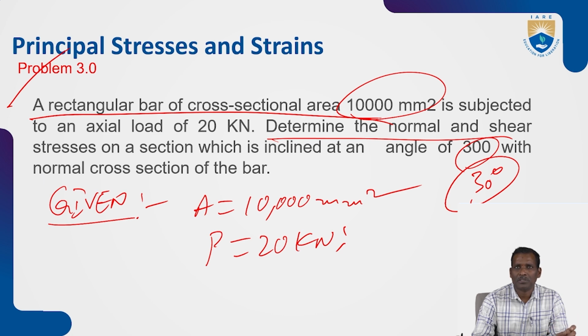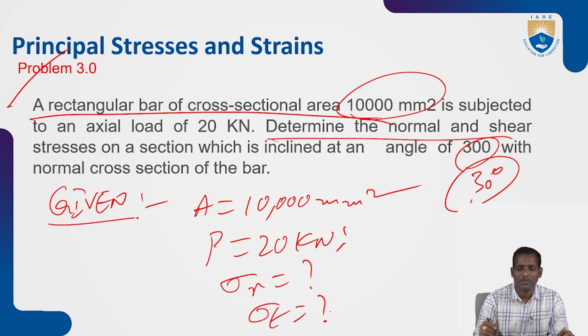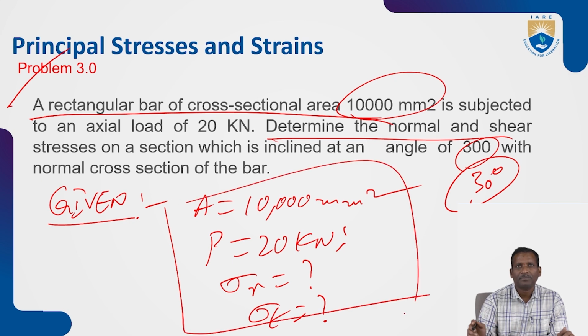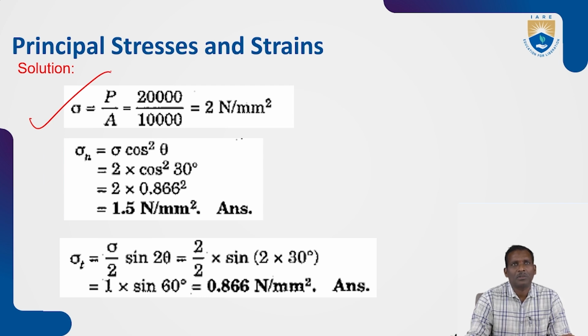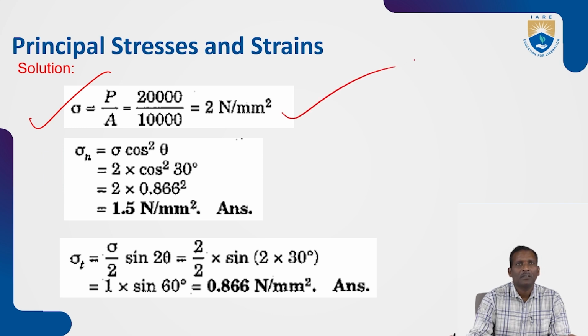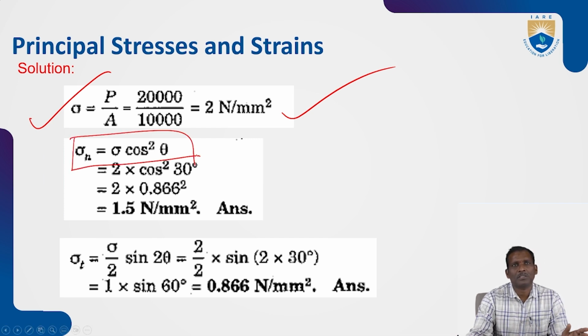So this problem is the same as the first problem. Here normal stress is not given, you have to calculate, and shear stress is also not given, need to calculate using this given data. See, you already know stress is equal to load per area. Load is given, area you also know, so calculate. So directly formula substitution. Sigma n is equal to sigma into cos square theta, the normal stress.